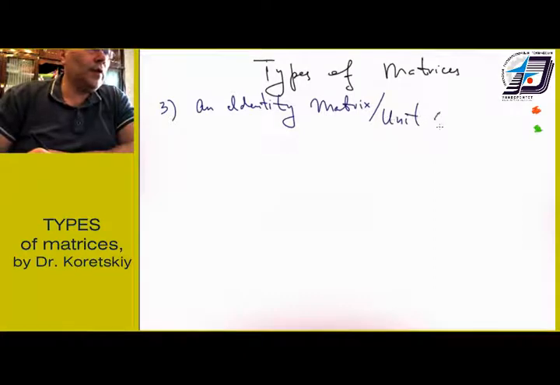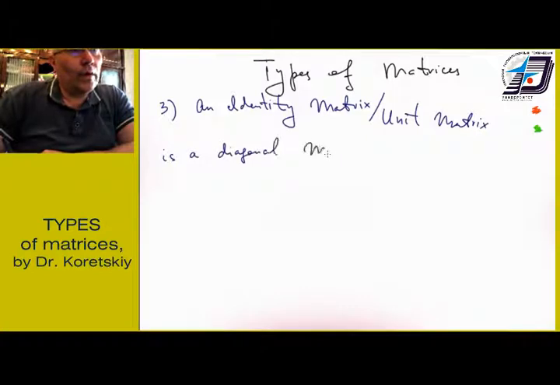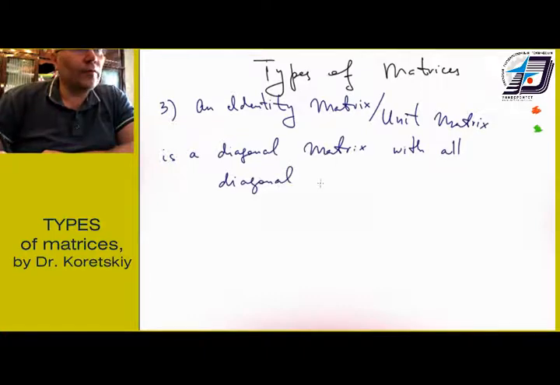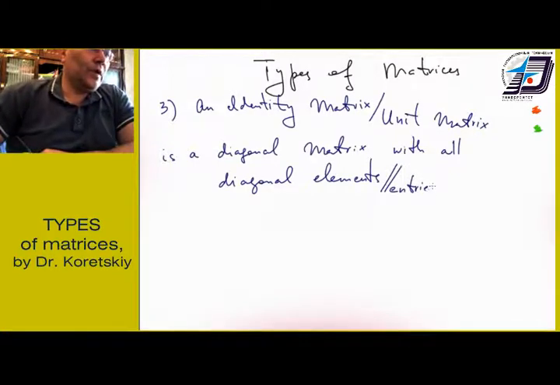I think it's clear that this matrix is a diagonal matrix with all diagonal elements, the synonym of elements is entries, equal to 1.